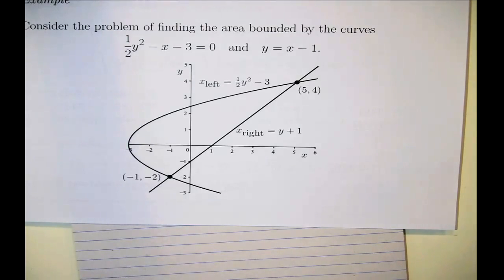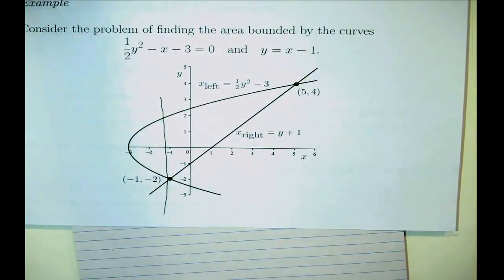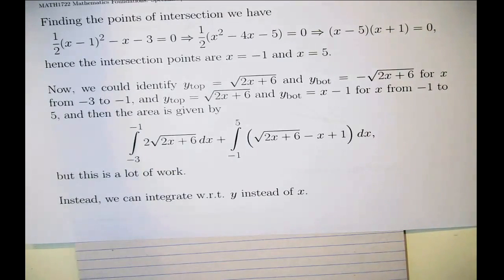I would have to split the region here and do two integrals. Between x equals -3 and x equals -1, the top bit is the positive square root of that parabola, the bottom bit is the negative square root. Then from x equals -1 to 5, the top bit is the positive square root, the bottom bit is that straight line. So you would have to formulate the problem as these two integrals.